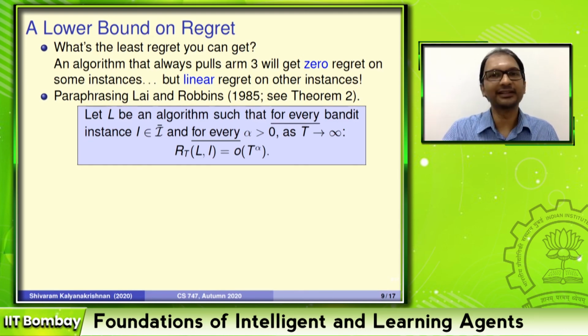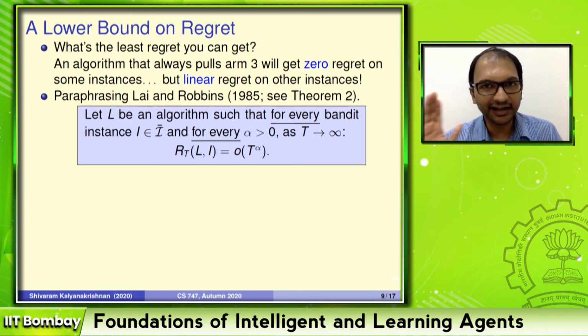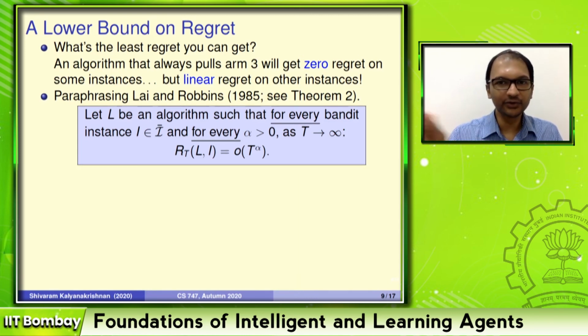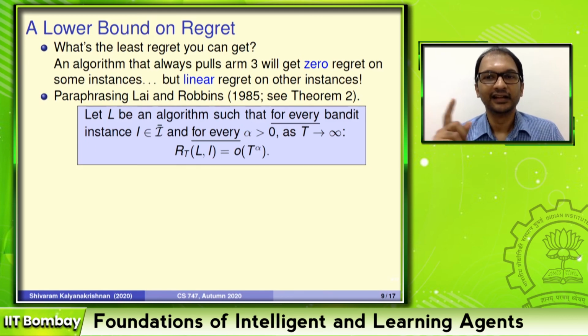But for simplicity, just think of it as the entire family of bandit instances. Let L be an algorithm such that for every bandit instance in I bar and for every alpha greater than 0. Alpha is just a small number. It's a scalar value.